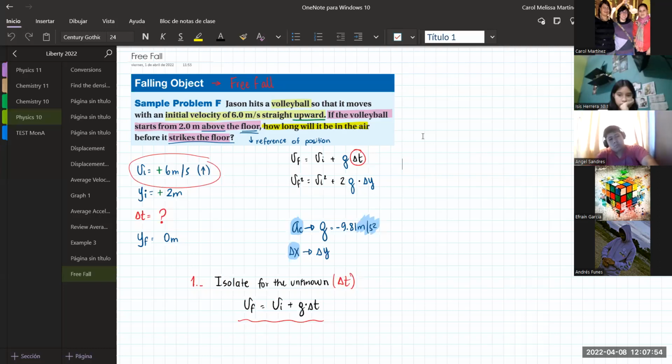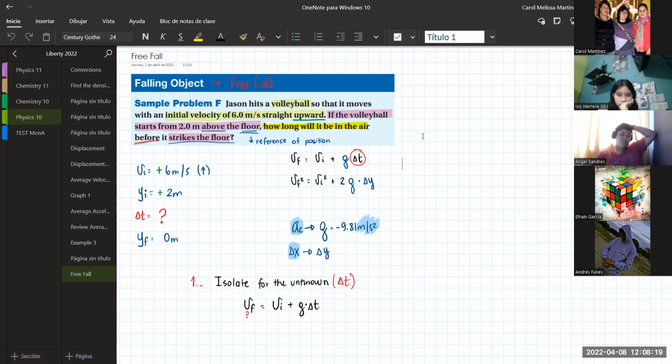So I don't have the final velocity. I know the ball is going to hit the ground, but I want to see how much my final velocity is going to be before it strikes the floor. So I cannot find the time without knowing the final velocity.